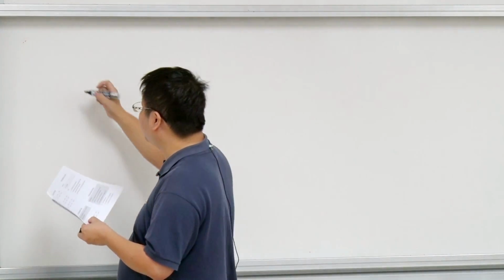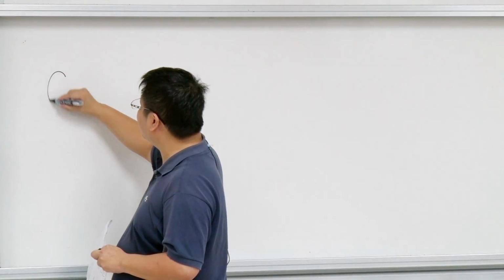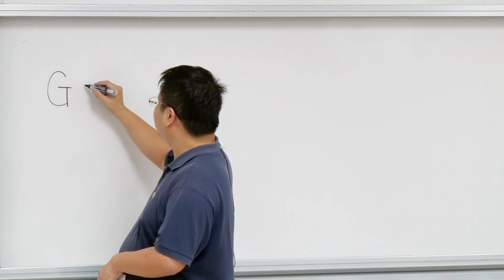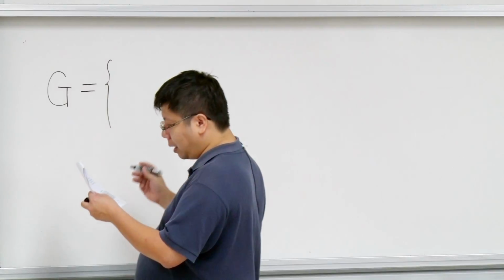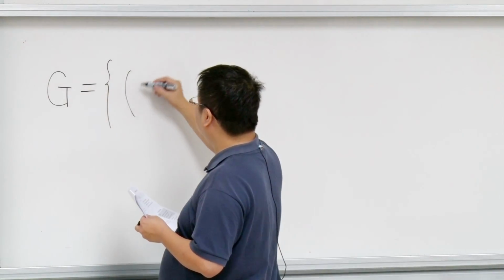So let's see an example of a permutation subgroup. So let's look at this G that contains these elements.